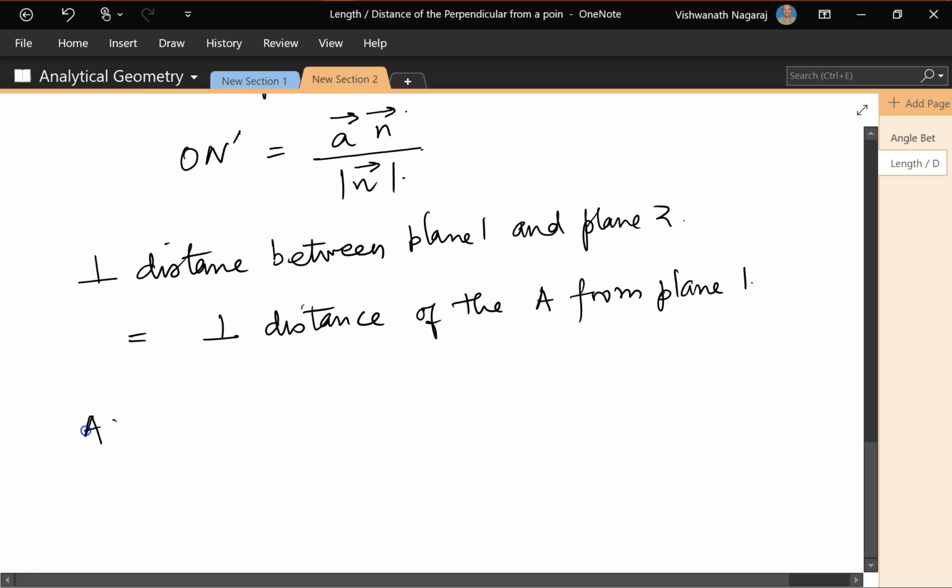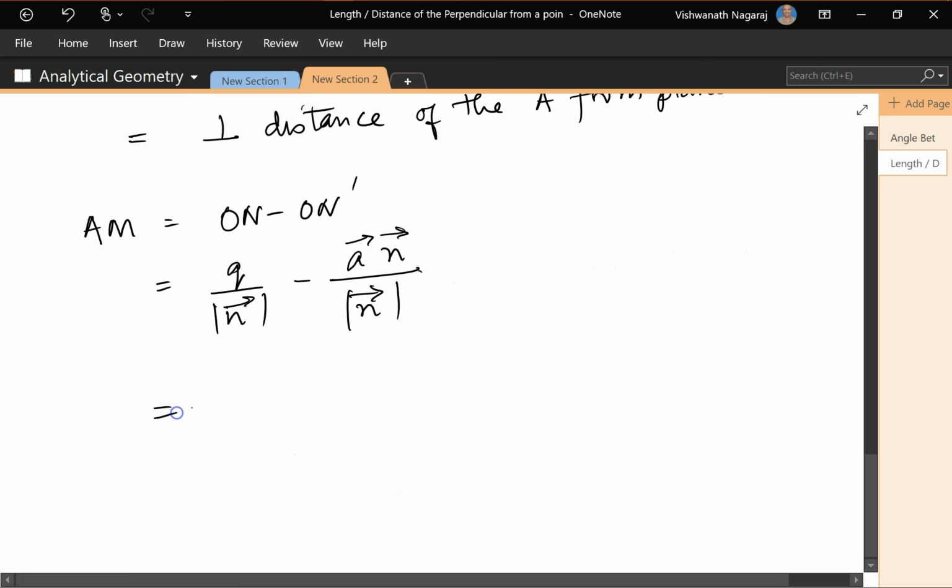So AM is equal to ON minus ON prime. Now ON we know is q by magnitude of n, minus A dot n divided by magnitude of n. So which means q minus A dot n divided by magnitude of n.